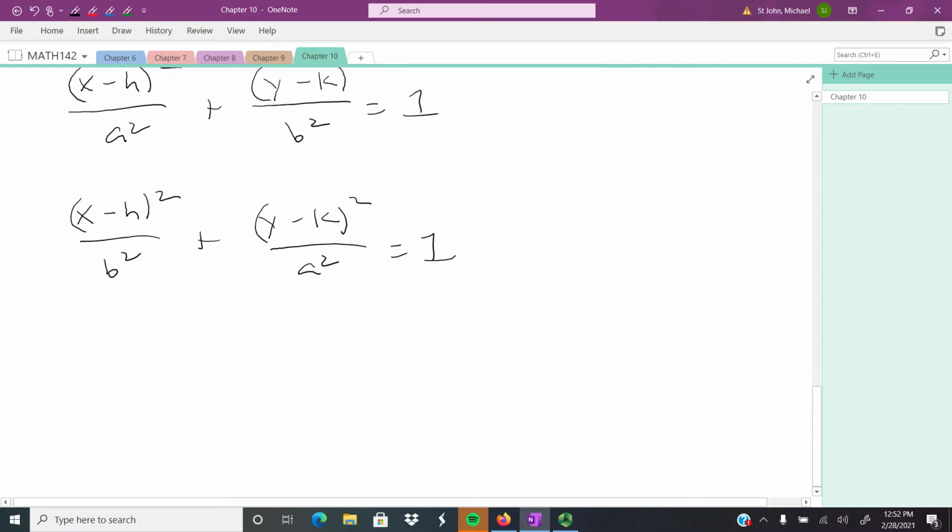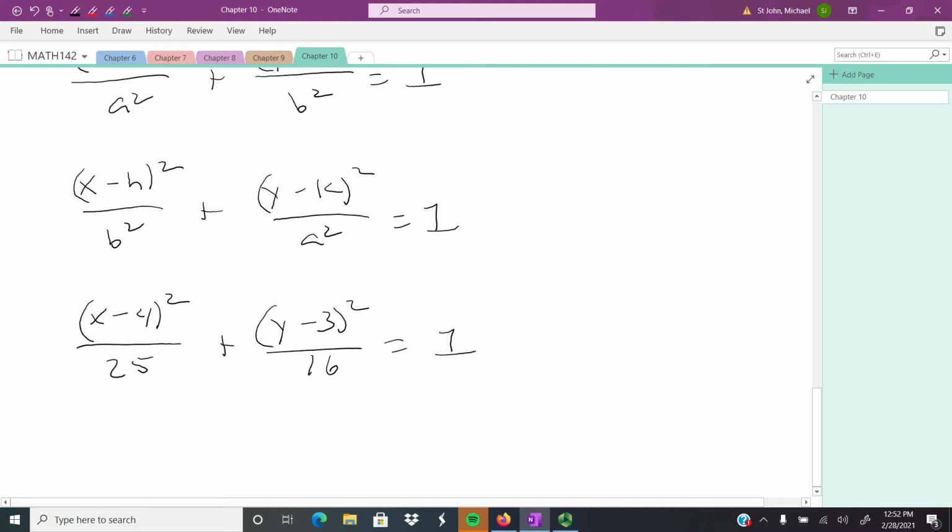So let's look at an example of one of these. Let's say I have (x minus 4) squared over 25 plus (y minus 3) squared over 16 equals 1. So what do we know? Well, h is 4 and k is 3.